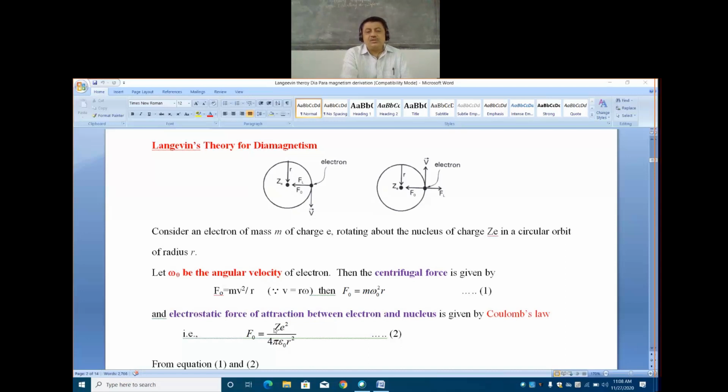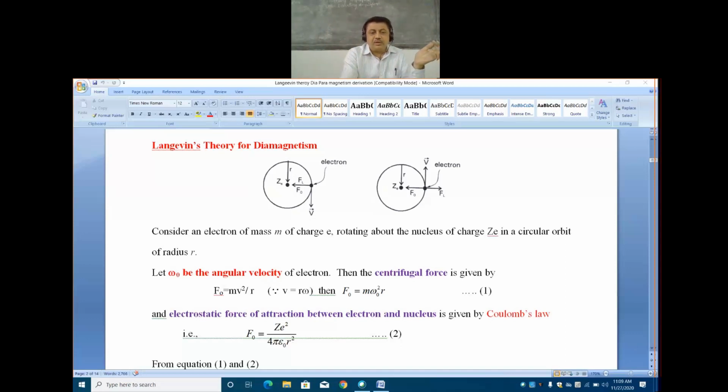Ze is one charge, e is another charge, so the magnitude is Ze square by 4 pi epsilon naught r square. It is Coulomb's law, that is, two charges separated by distance r. So the electrostatic force of attraction F naught is Ze square by 4 pi epsilon naught r square. This force is acting inwards, whereas the centrifugal force is acting outwards.